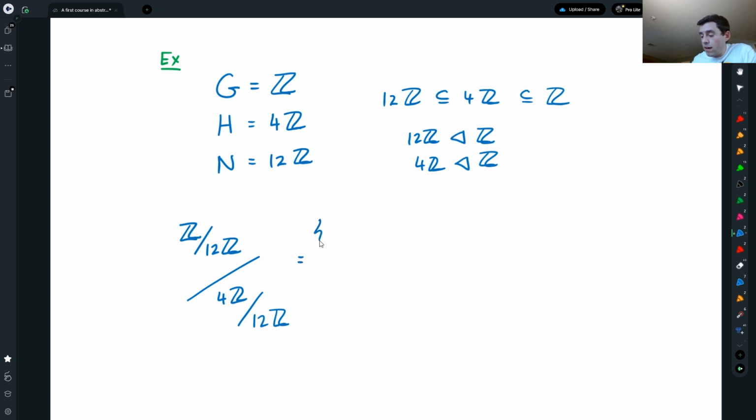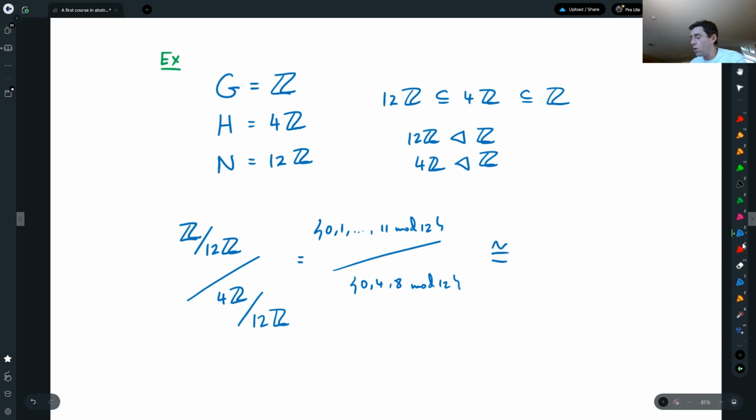These are the classes 0, 1, up to 11 modulo 12. And this is the subgroup corresponding to the multiples of 4 in here. So these are the classes of 0, 4, and 8 modulo 12. And what the theorem tells you is that this has to be isomorphic to, sort of canceling the 12s, Z modulo 4Z.